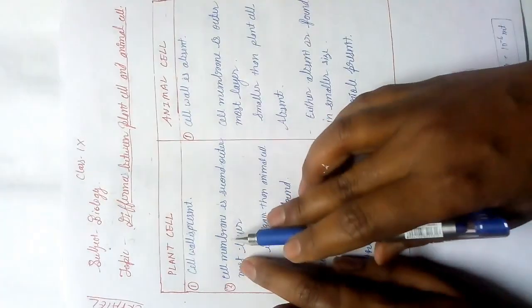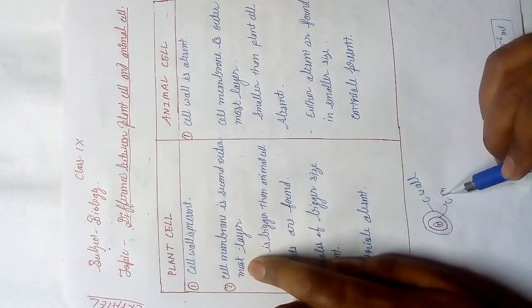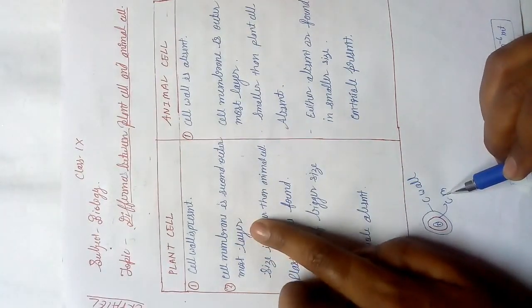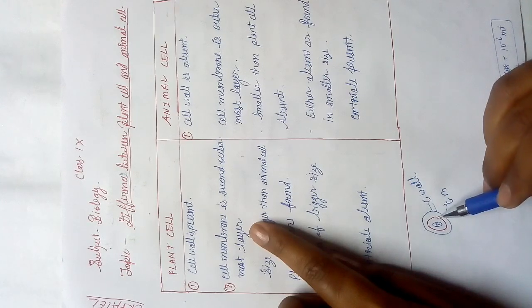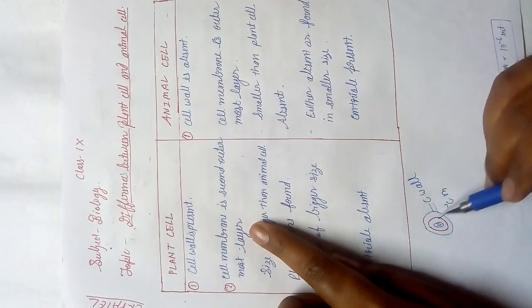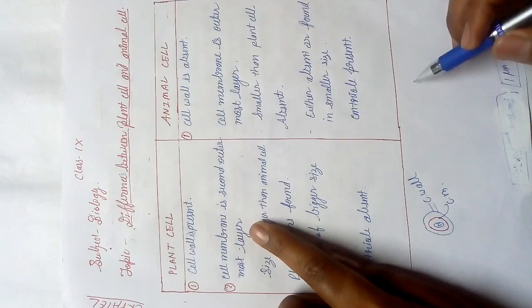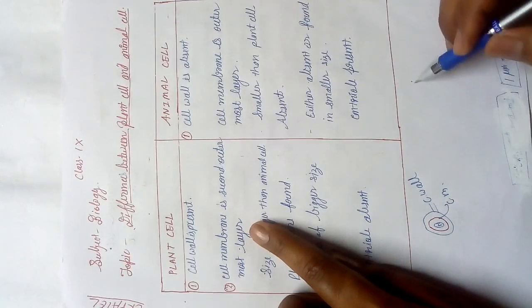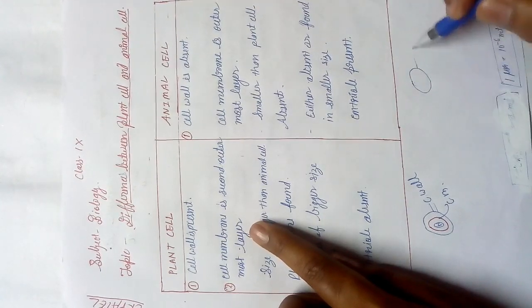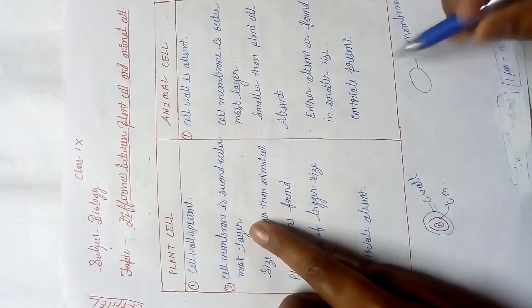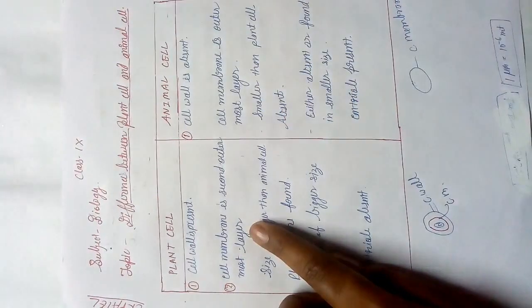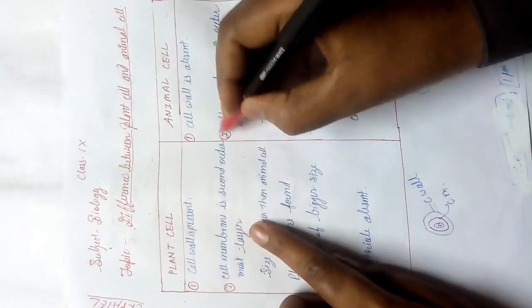So the first layer is the cell wall, the second is the cell membrane. Here in the animal cell, this is the cell membrane, so cell membrane is the outermost layer, students.